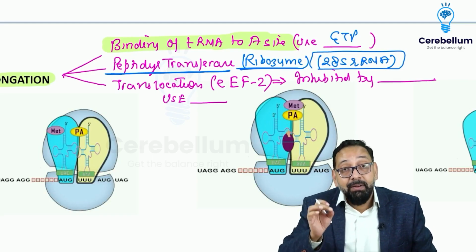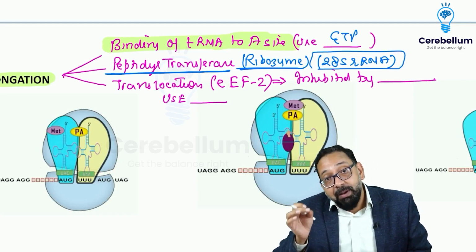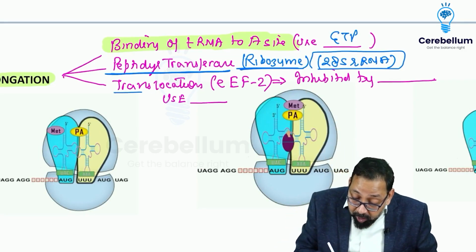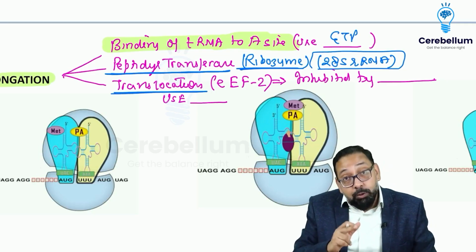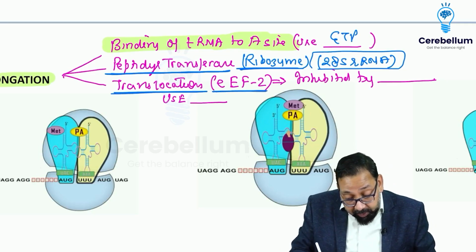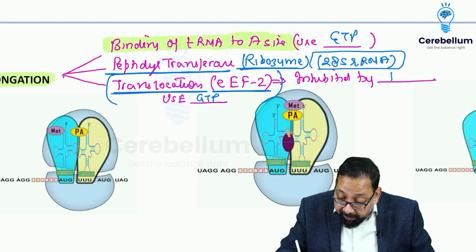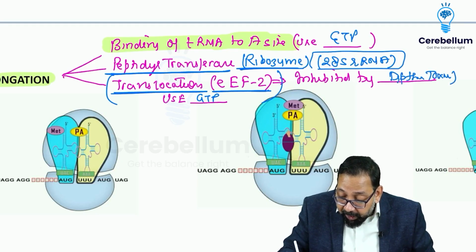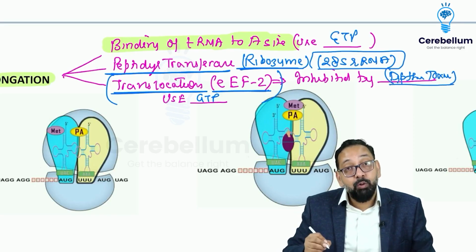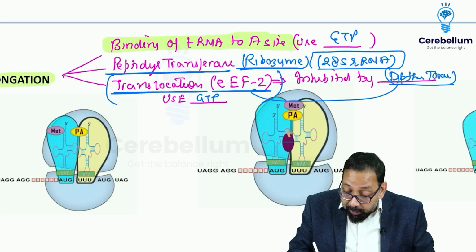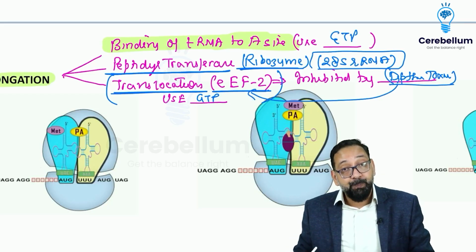So RNA having enzymatic activity is called a ribozyme. Then translocation. Translocation is done by elongation factor 2 and this uses GTP, and this translocation is inhibited by diphtheria toxin. A question is asked that diphtheria toxin inhibits protein synthesis by inhibiting elongation factor 2.